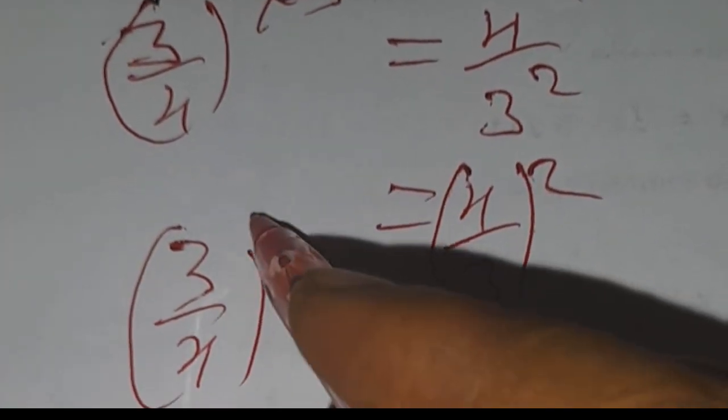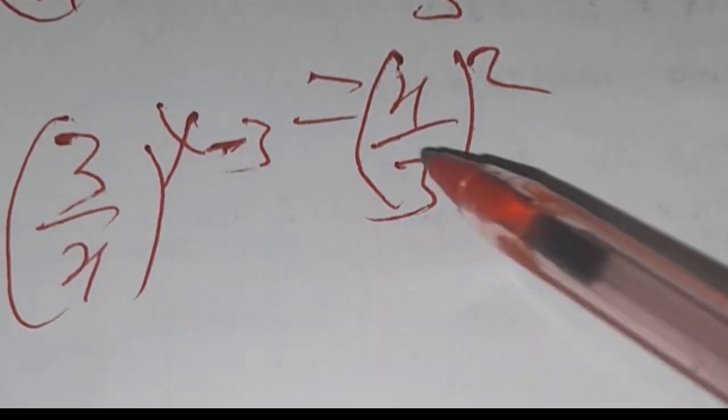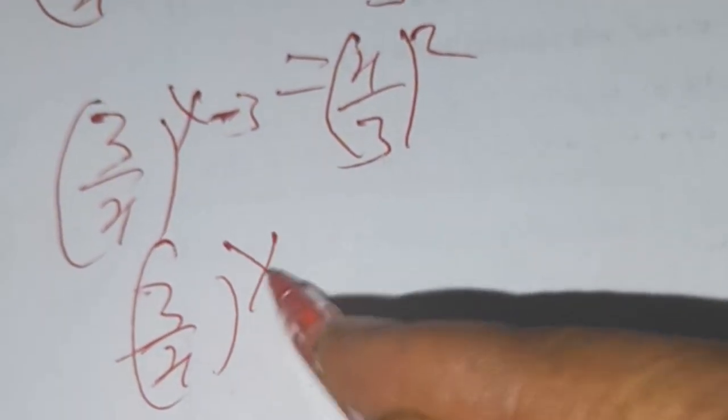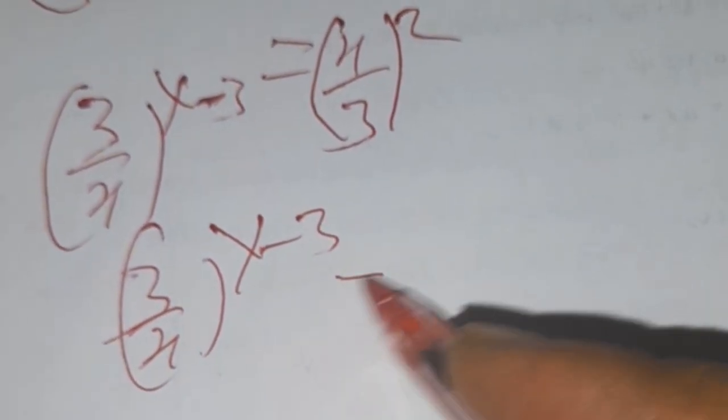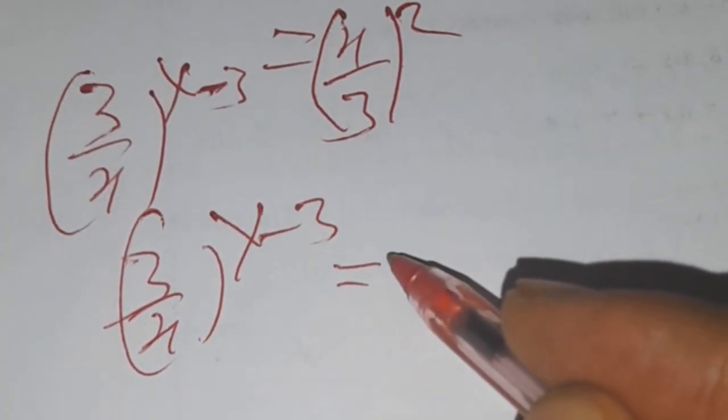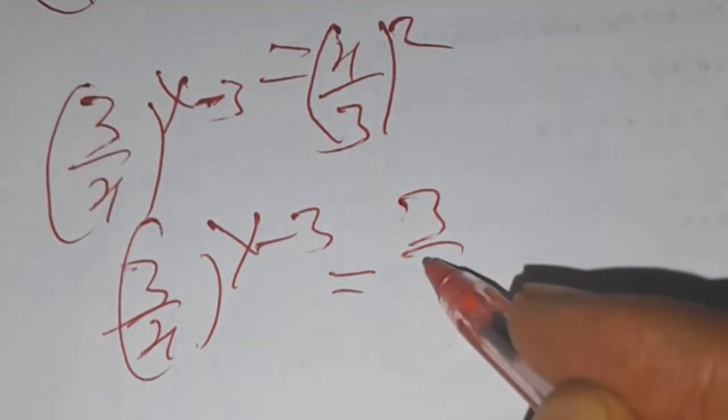Therefore, 3 over 4 to the power of x minus 3. Now the bases are reciprocal, so it is equal to 3 over 4 to the x minus 3, but this is 4 over 3, therefore change into 3 over 4.